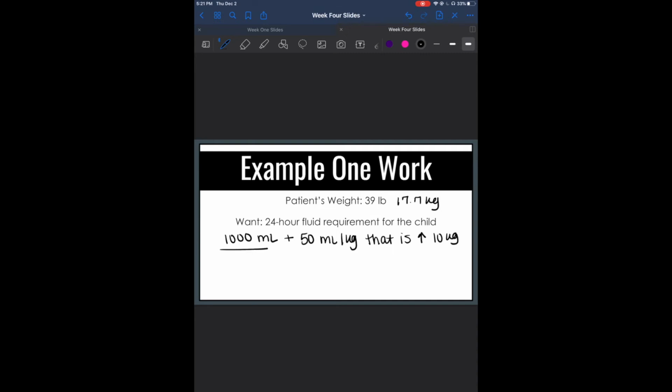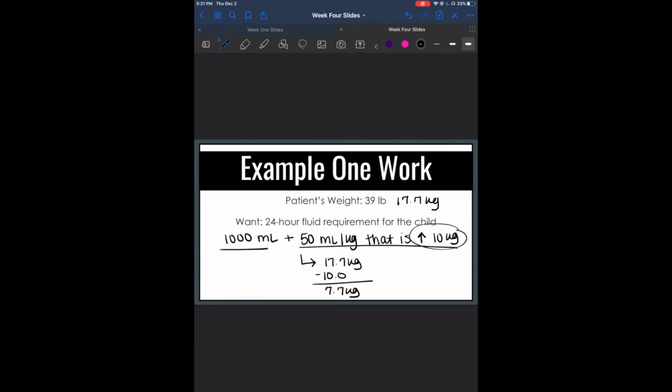So what we're going to do with this portion is we're going to figure out how many kilograms we have that are above 10. So we're going to subtract. In this case, we have 7.7 kilograms above this 10 kilograms.